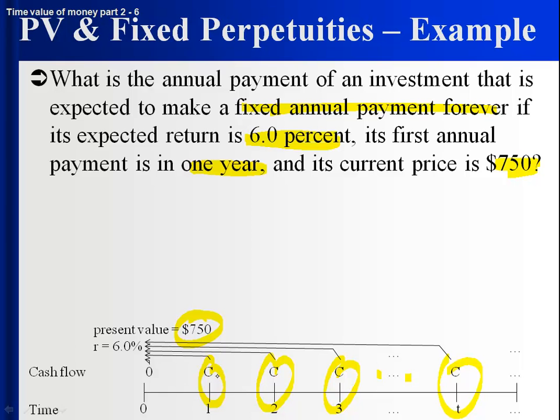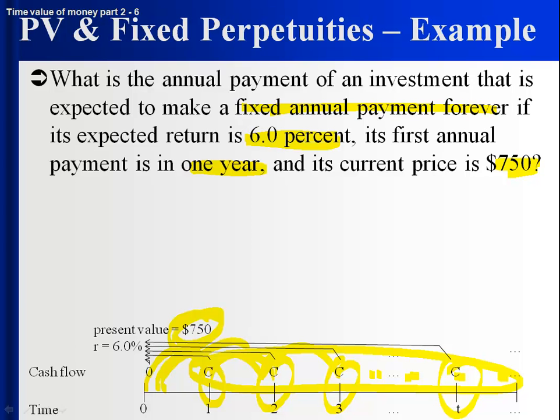So basically, what is C such that C over 1.06 plus C over 1.06 squared plus C over 1.06 to the third, forever and ever, is equal to 750? The reason our investment has a price of 750 is because the present value of all these cash flows is 750. And again, we say, hey, wait a minute, that's a fixed perpetuity.